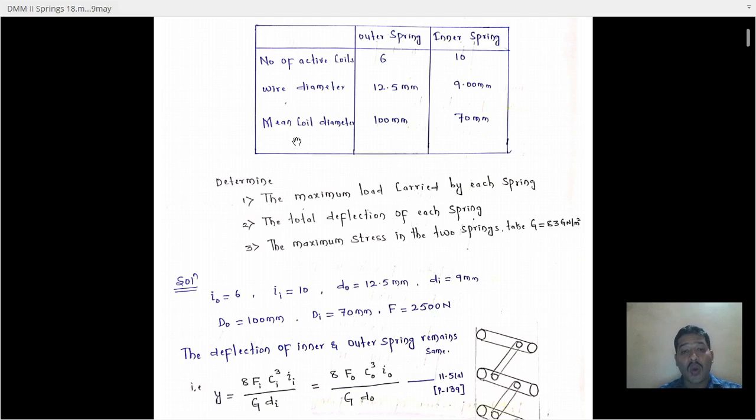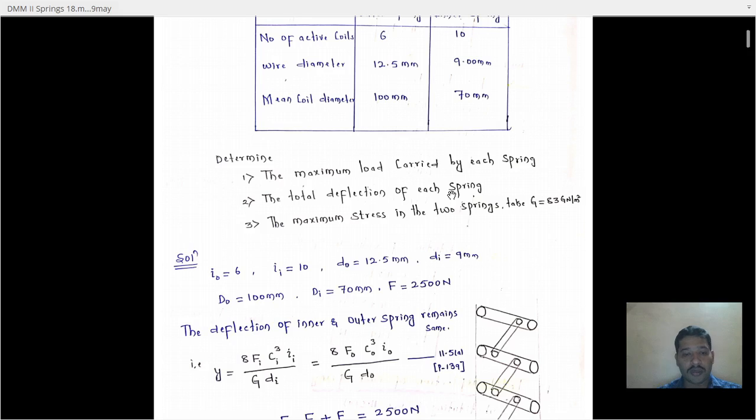The mean coil diameter of the outer spring is given as 100 mm and of the inner spring as 70 mm, and the force acting on each spring is given as 2500 Newton. Is it right? First of all, in this case we need to find out the maximum load carried by each spring.